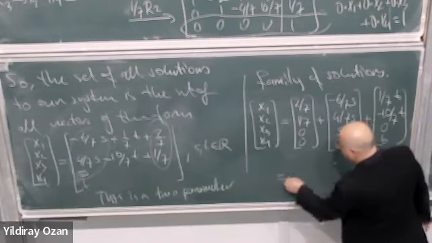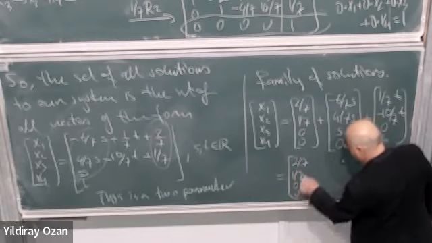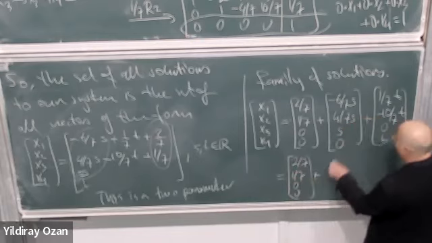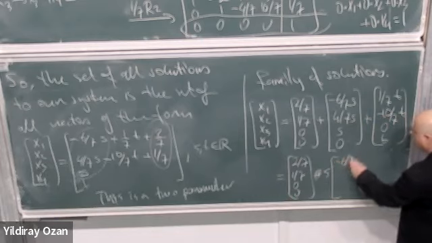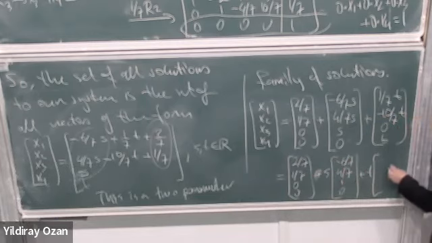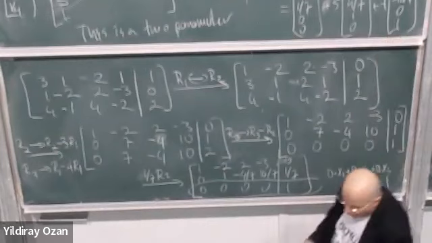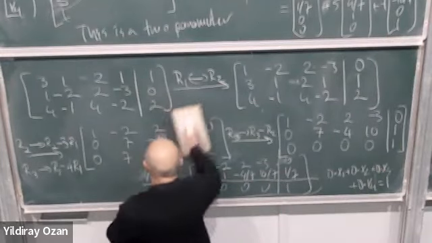And this can be written again like this: 2/7, 1/7, 0, 0. And then I have s times minus 6/7, 4/7, 1, and then 0. And then I have t times 1/7, minus 10/7, 0, and 1. Okay, so that's the list of all solutions.